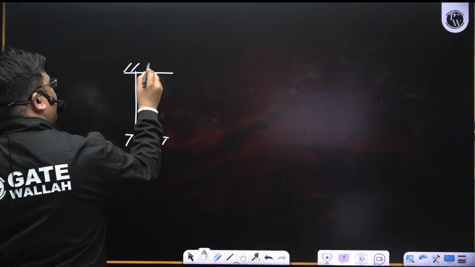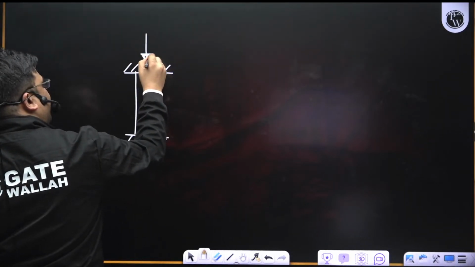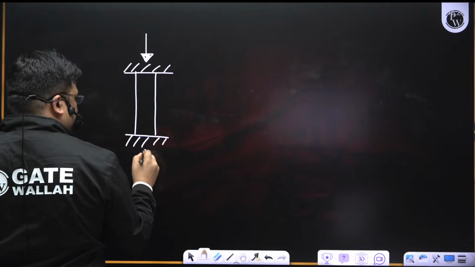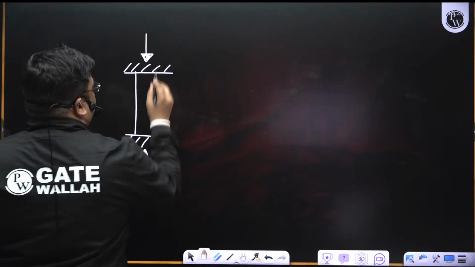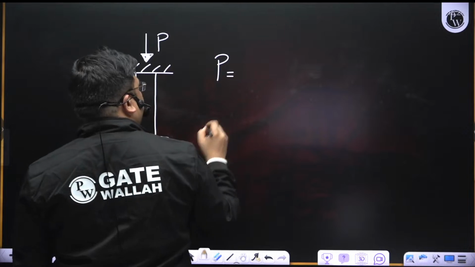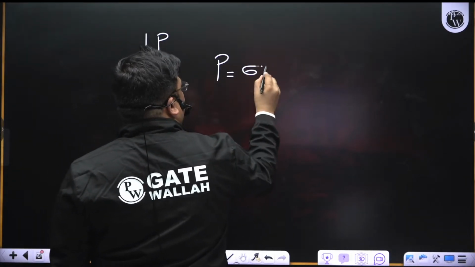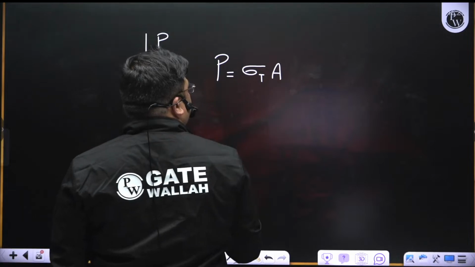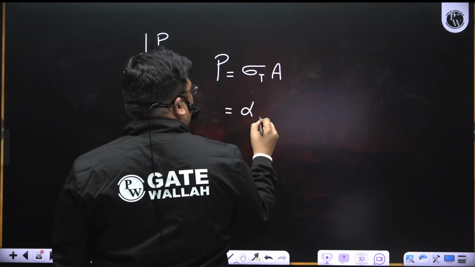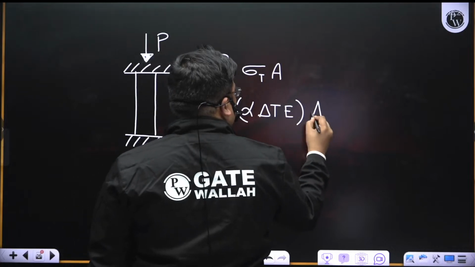Due to this increase in temperature, there will be a reaction force developed, suppose P. This reaction force is due to thermal stress, so it will be thermal stress into area, right? Thermal stress is alpha delta T E, multiplied by area.